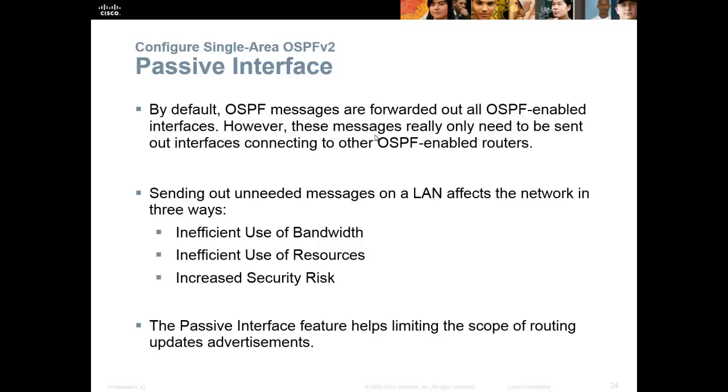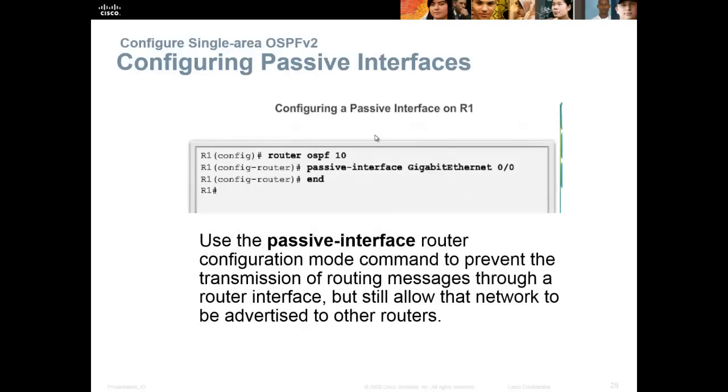So you go to router OSPF 10, and then passive interface gigabit 0/0. Now, you can also do passive interface default, and that makes all the interfaces passive. And then you just go back and say, no passive interface gigabit 0/0, no passive interface 5.